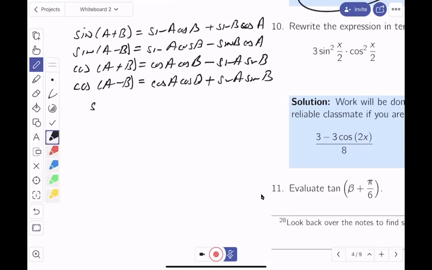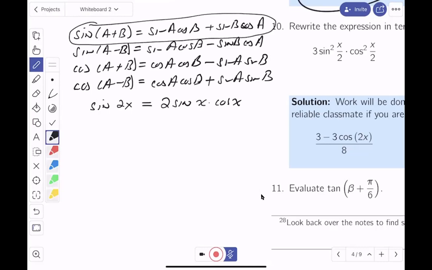I'll give it sine of the double angle, 2x. What does that equal? Well, it would be 2 sine x cosine x. Again, I'm just using the formulas that we have above. Which formula did I use? This one over here.